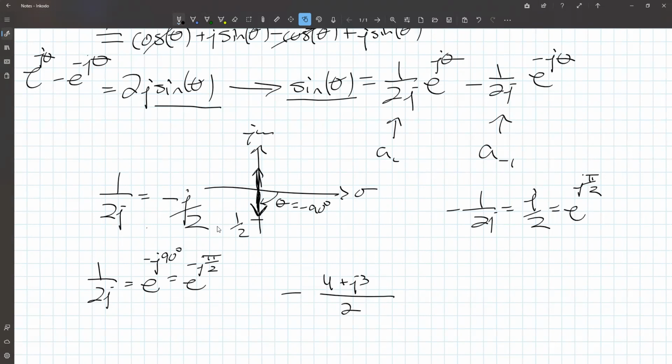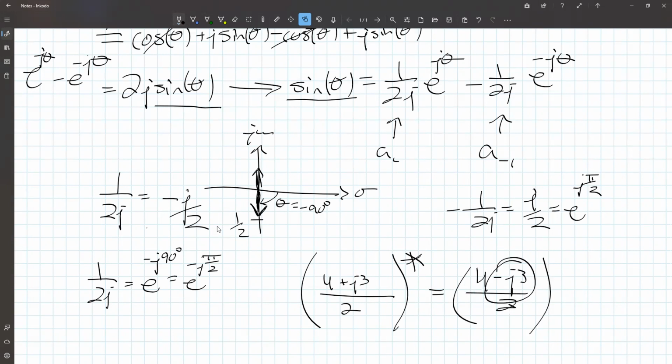Well, I don't just want to swap this sign. If this is what it looks like in the series, there's a plus sign in front of it, I don't want to just make this a negative sign. The conjugate of this number is going to be 4 minus J3 over 2. You flip the sign on only the imaginary part.